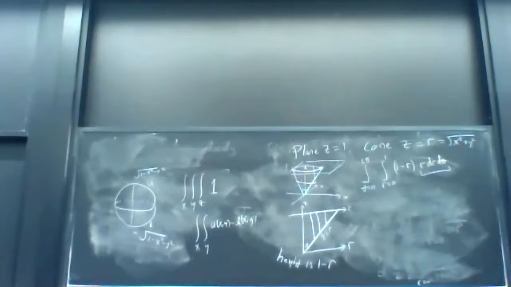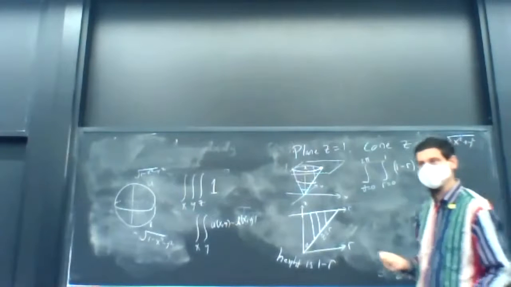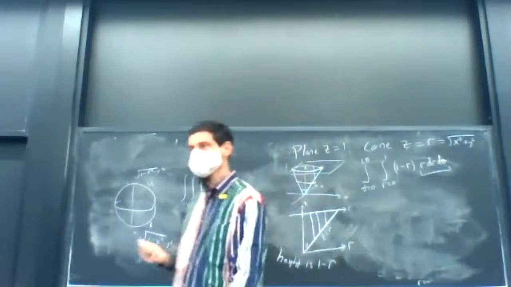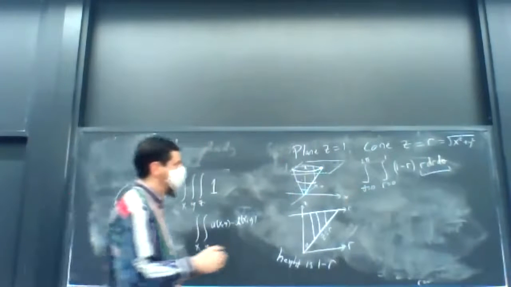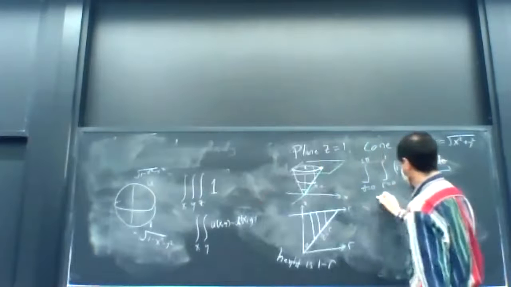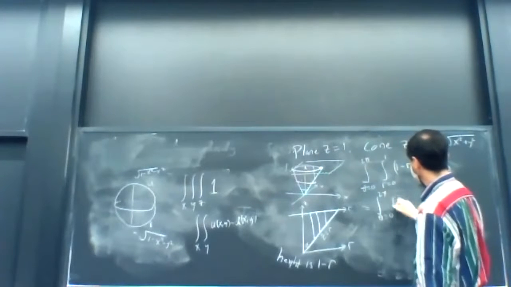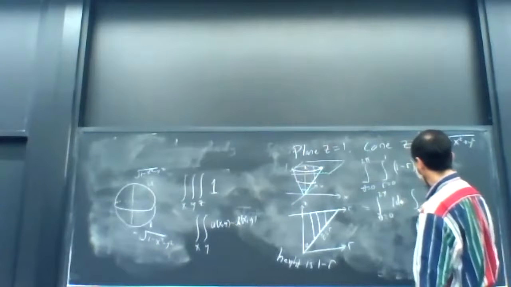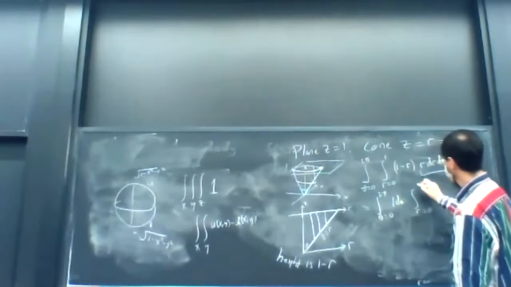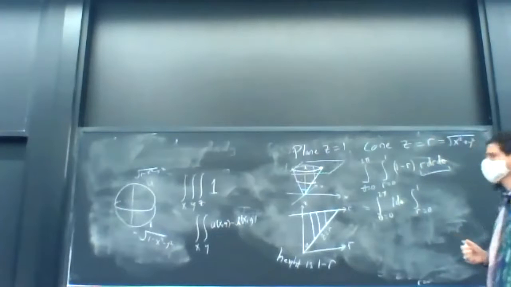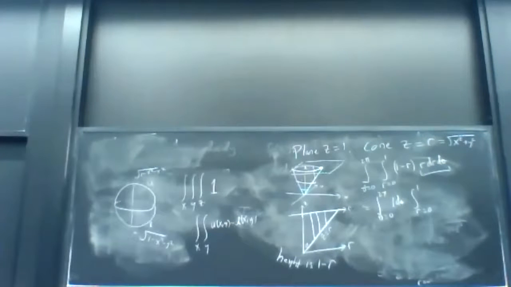Does it split into a theta integral and an r integral? Yeah. So this is just going to be the integral theta goes from 0 to 2 pi of 1 d theta, times the integral r goes from 0 to 1 of 1 minus r times r. How should I write 1 minus r times r?